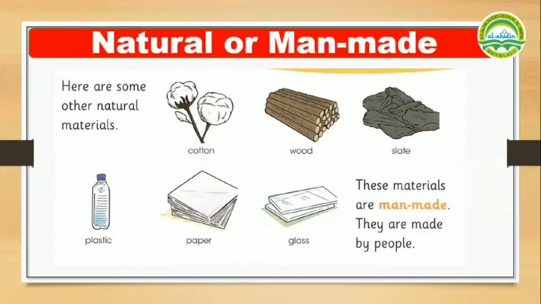So natural or man-made? The first three pictures show natural materials that come from nature, and the last three are man-made. Man creates these things by using natural things: plastic, paper, and glass.